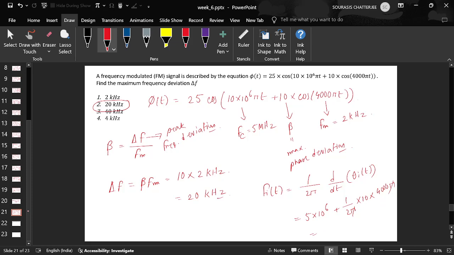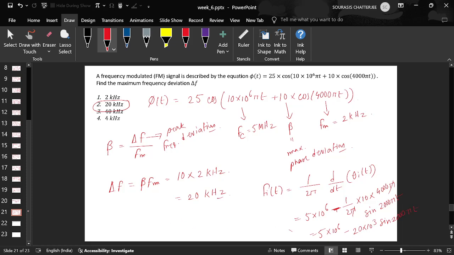So here you have 5 into 10 to the power 6, then you have one term here, you have sine 2000 pi t, you have minus sign here, minus 20 into 10 to the power 3 sine 2000 pi t.